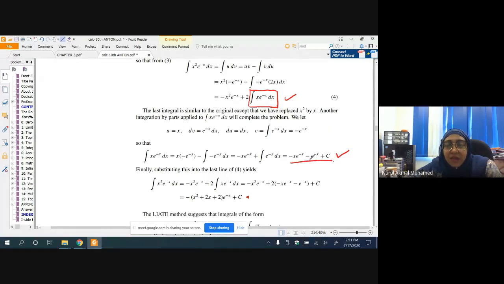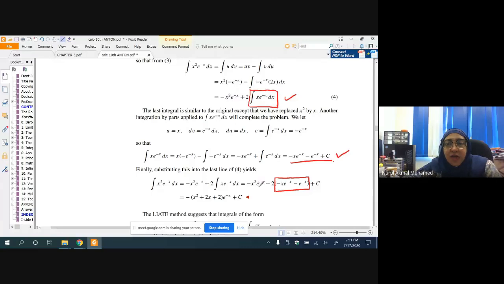After you get this solution, you substitute in this expression here. If you look here, negative x e to the power of negative x minus e^x. So we substitute it here.